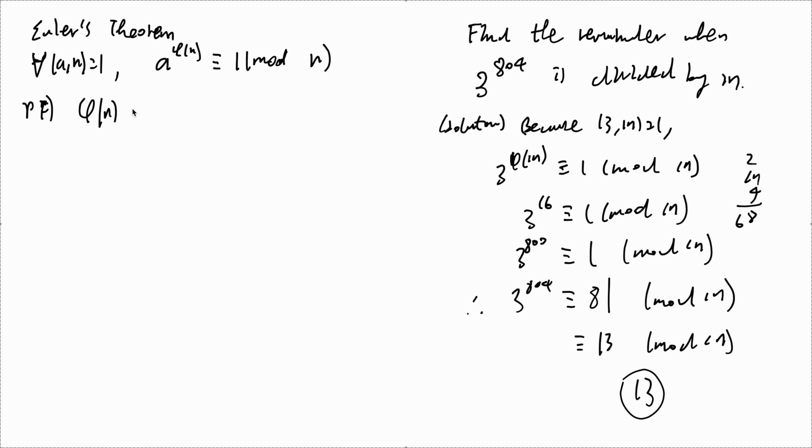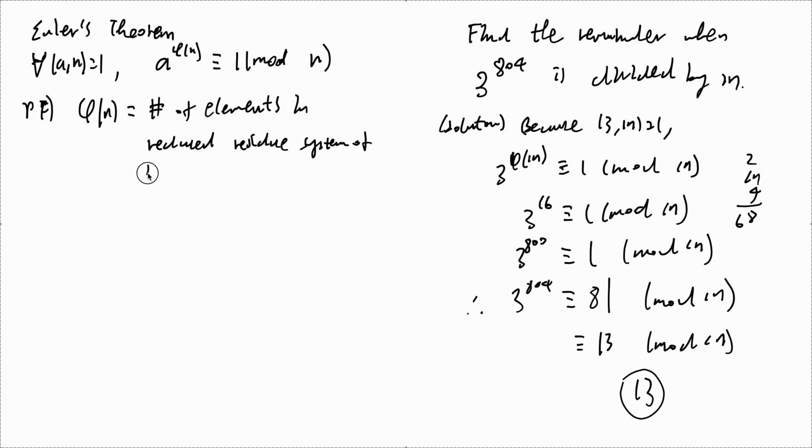So phi of n is equal to the number of elements in a reduced residue system modulo n.